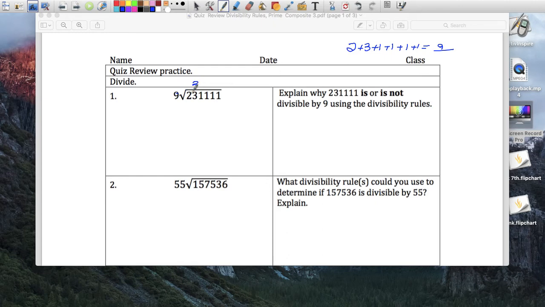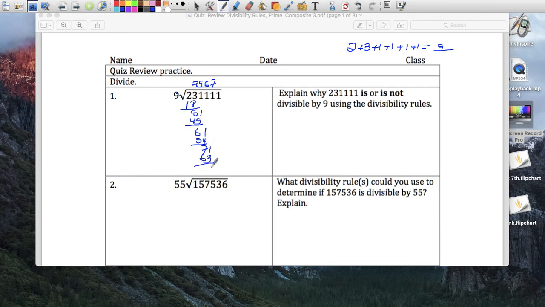9 into 23 is 2. 5 left over, bring that 1 down. 9 into 51, 5 times, which is 45. 6 left over, bring the second 1 down. 9 into 61 is 6, 54. 7 left over, bring the third 1 down. 9 into 71 is 8 times, which is, not 8, sorry, would be 7 times, which would be 63.